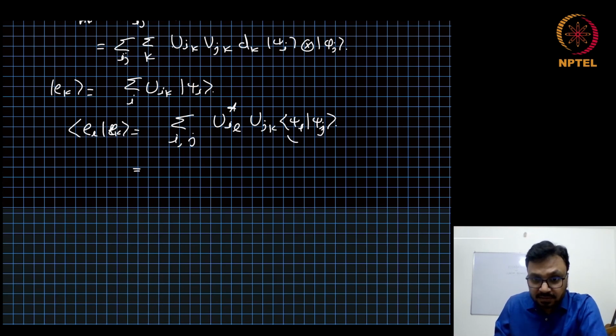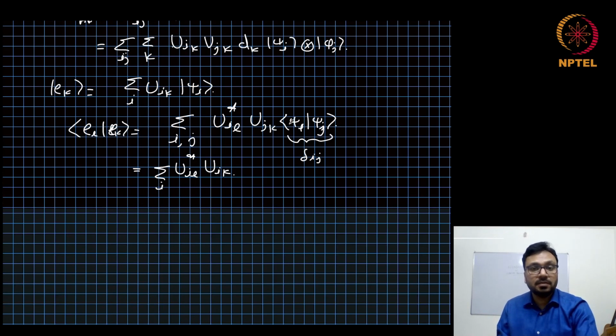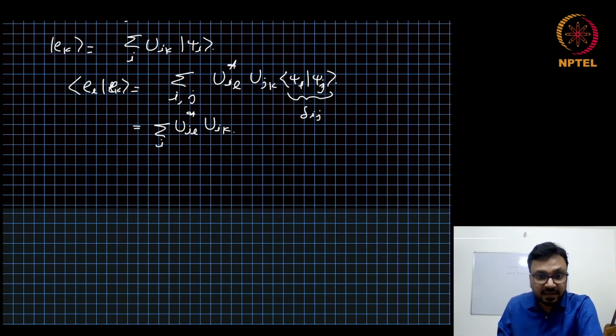Since psi i is the orthonormal basis, psi i psi j is a delta function, delta ij. So we can sum over j and replace wherever we have j by i. So we get sum over i, u il star, u ik. And this we can write as sum over i, u dagger li, u ik. So we are using that u star il is the element u dagger li.